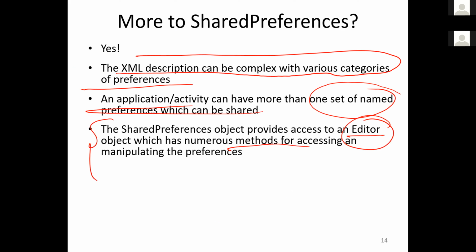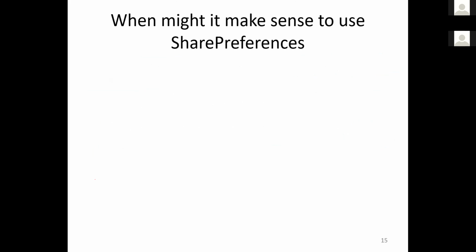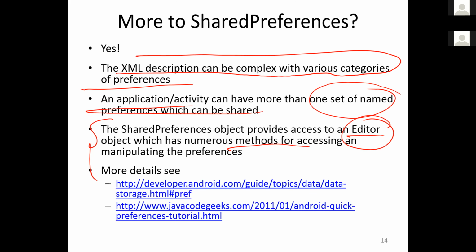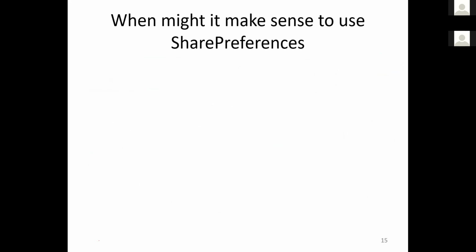If you look at the code, we created an object called editor that was used to populate, editor dot put and so on. We created it using shared preference dot editor. Want more details? Please visit this site.